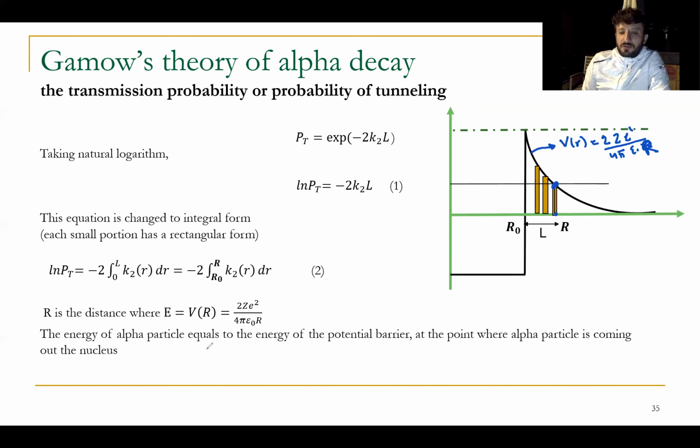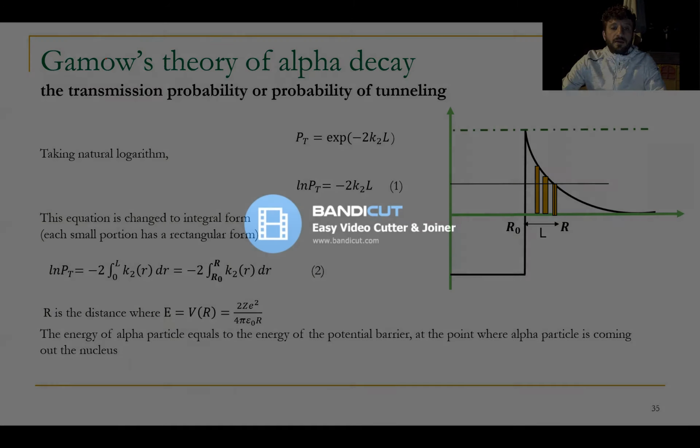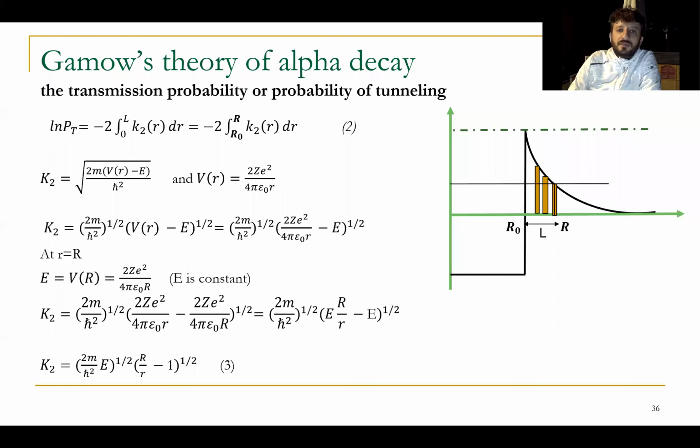The energy of the alpha particle at this point equals the energy of the potential barrier at the point where the alpha particle is coming out of the nucleus. Now I want to calculate K2(r). K2 is not constant because we have a variable V(r). It will change with the distance.